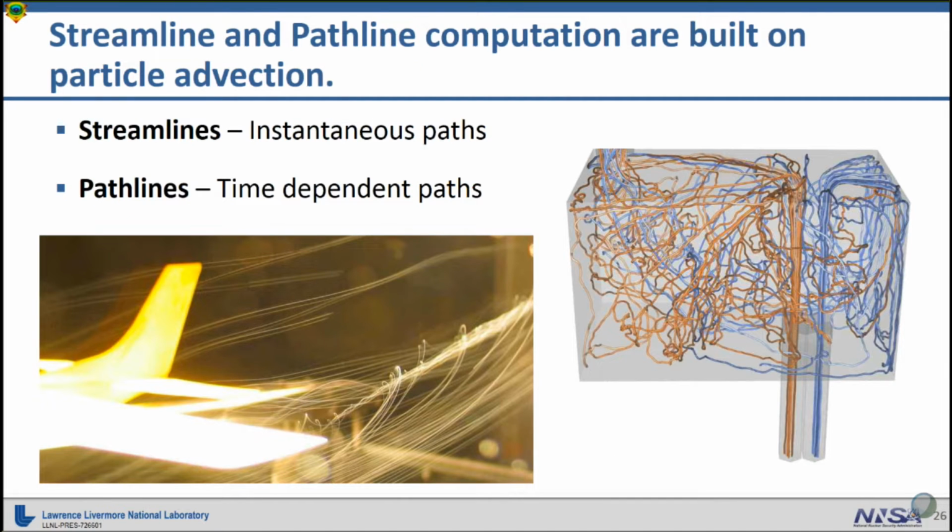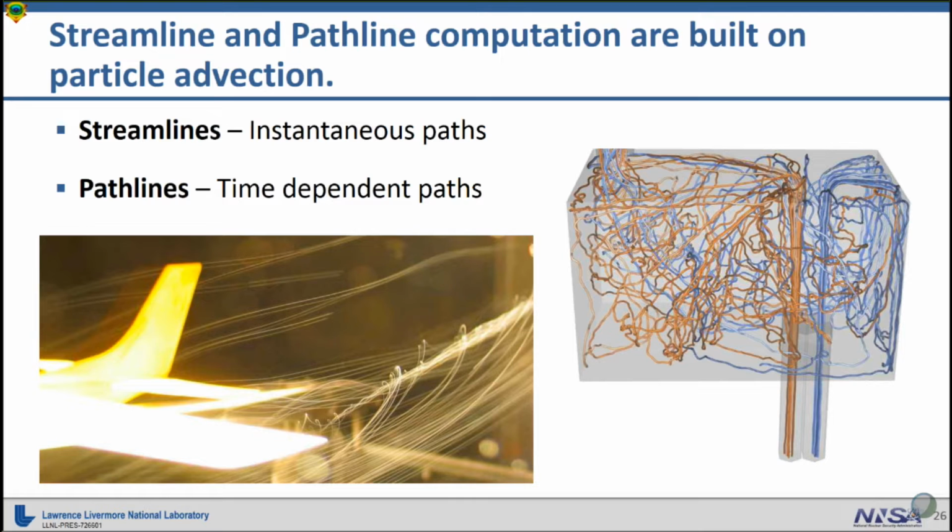And there are two different types of streamlines. There are streamlines and pathlines. So streamlines assume a constant vector field. So usually that's at a particular state in time. You just use that one vector field over and over again to advect that particle. Pathlines are a little bit more complicated. The assumption there is that the vector field changes over time.